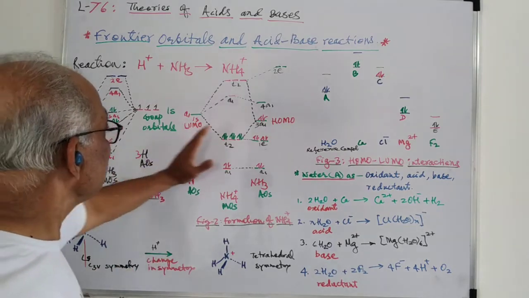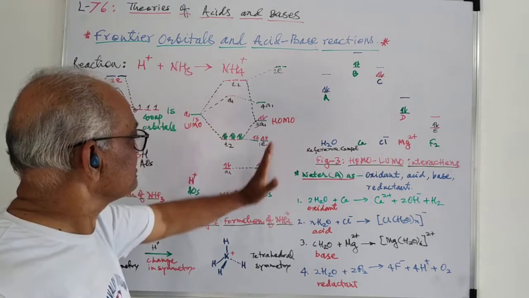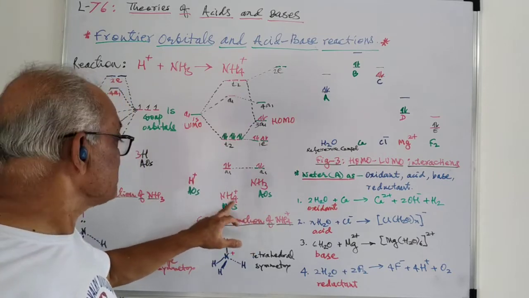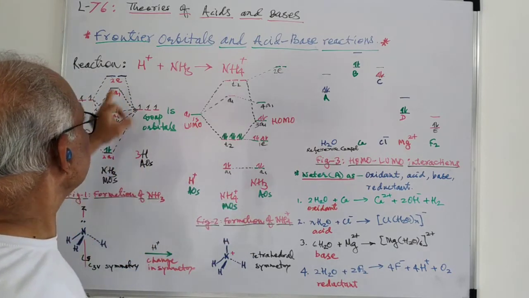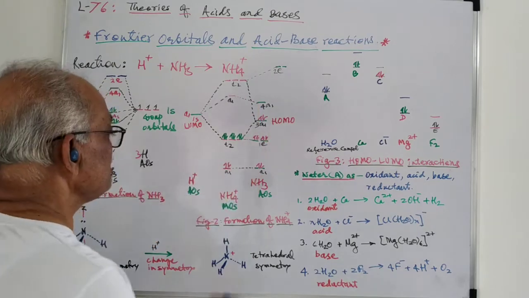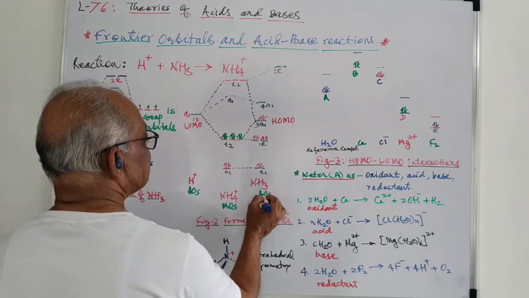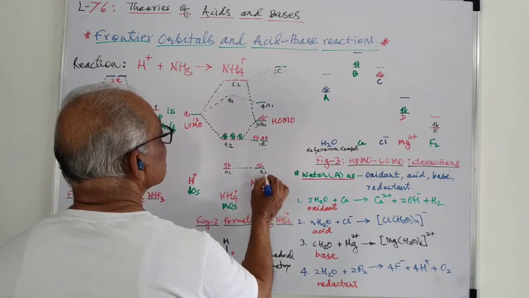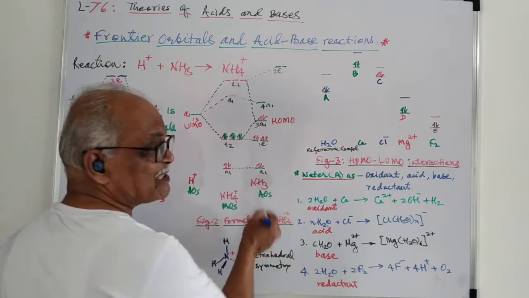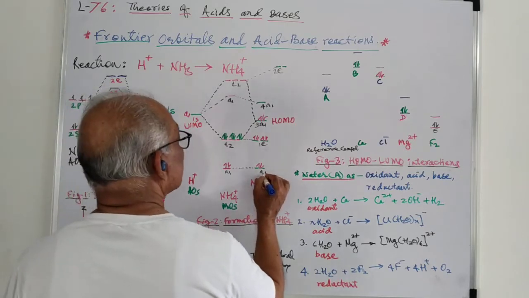So the same is shown here in the formation of NH4 plus. This NH3 and this NH3 are the same. On this side we have represented the molecular orbitals of NH3.